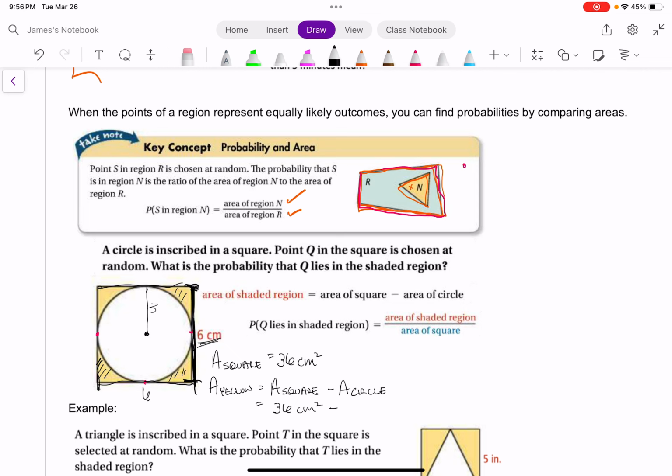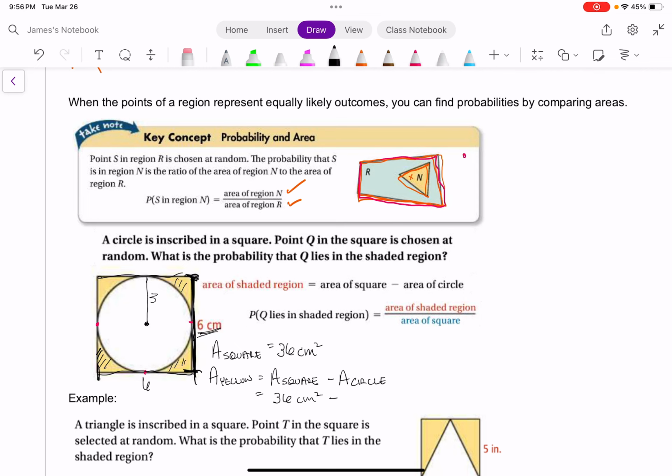So the area of the circle is going to be 9 pi, because remember, area of a circle is pi r squared. R being 3, so 9, times pi. And that's going to be centimeters squared as well.